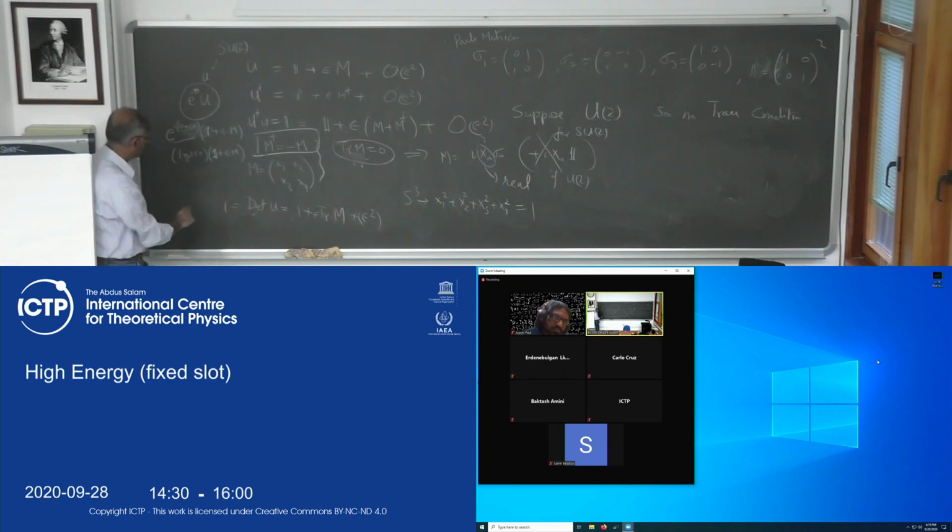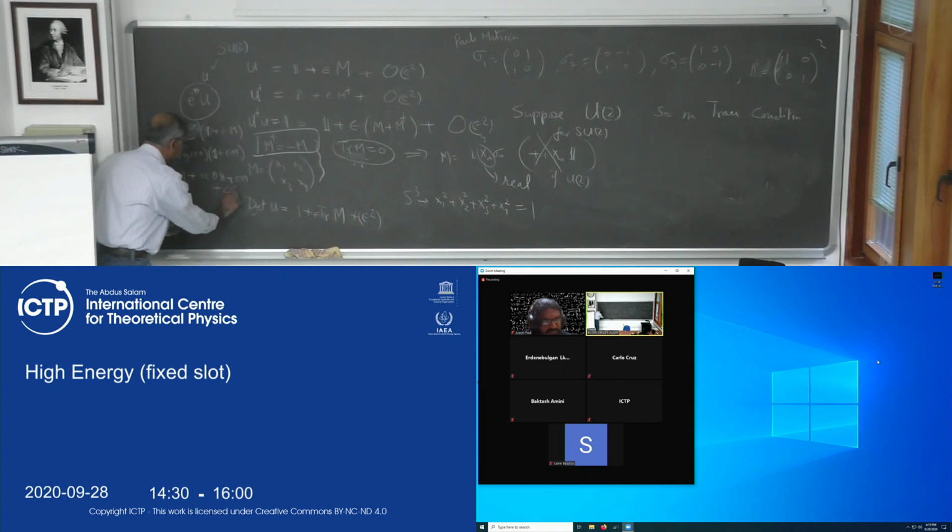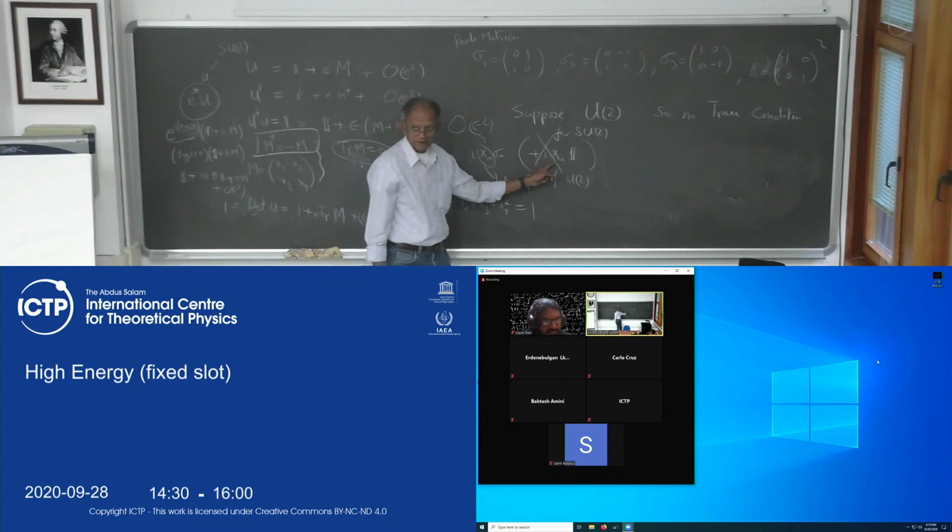So first 1 times 1 of course is identity, plus this times that, so you get here i epsilon theta times identity, and then you have this times that, which will be epsilon n. Okay? So you get this extra piece, which is again linear in epsilon, plus higher order, order epsilon squared, and not writing it down. And that's exactly what we see. So this theta, x naught is a small theta.